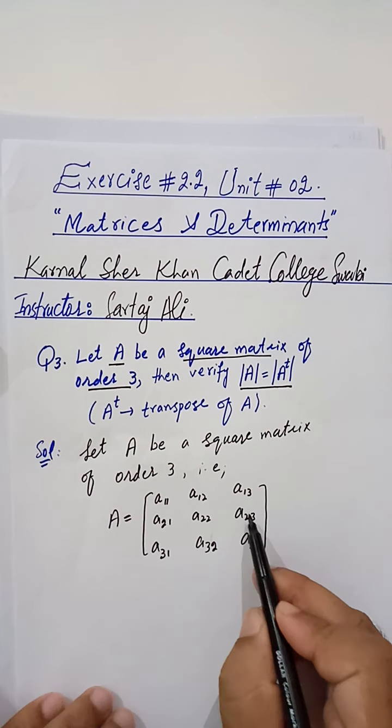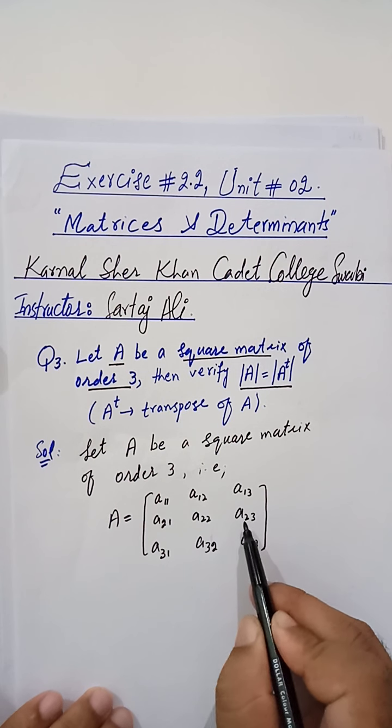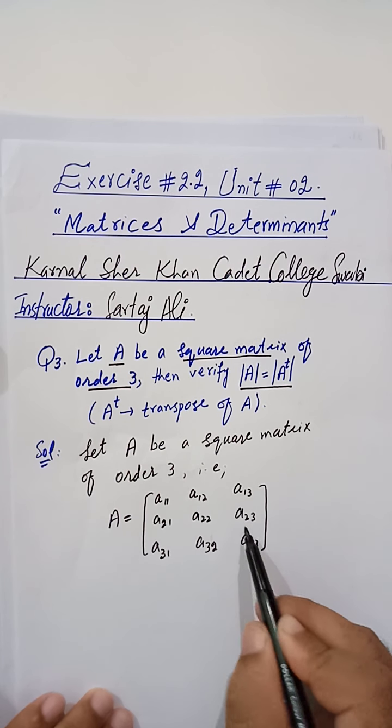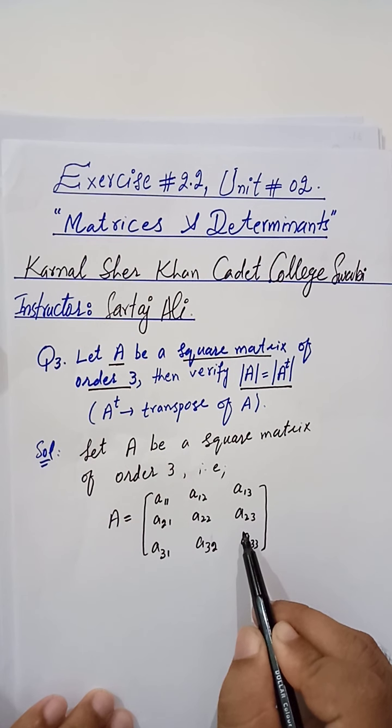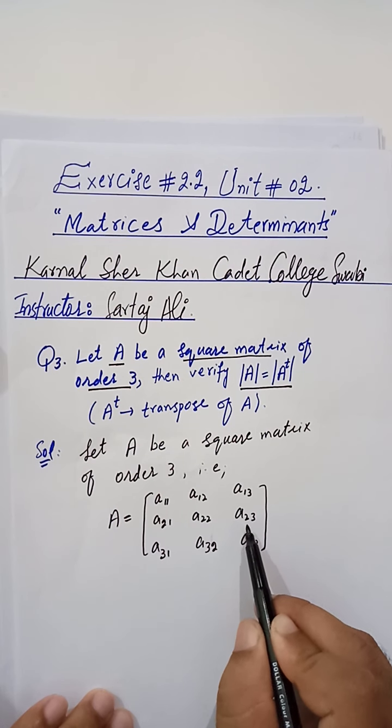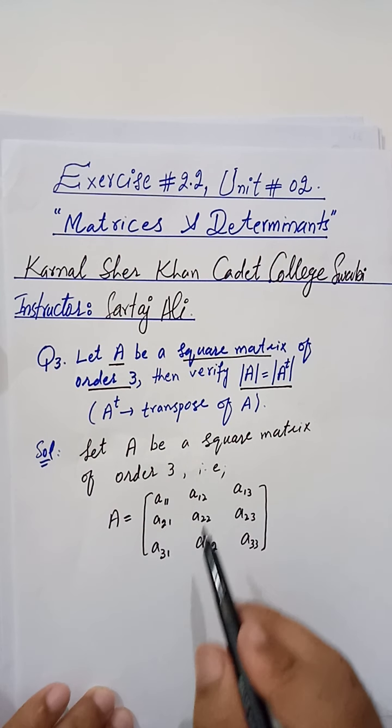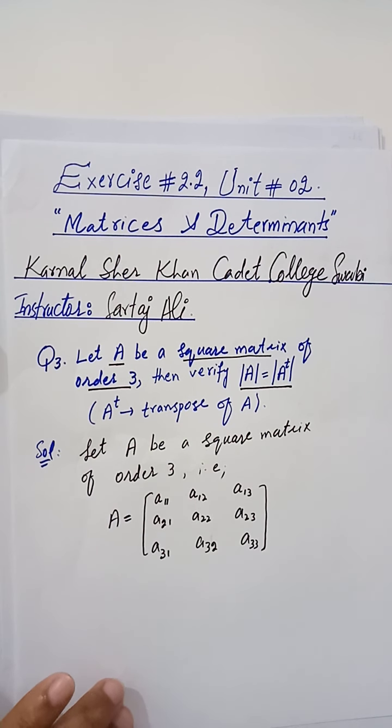For example, if I choose this element, so this is present in the second row and third column, so that's why in the subscript of small a we write 2 3, 2 for the row and 3 for the column. So this is a beautiful notation whenever you are writing the general matrix of any order. So this is of the order 3 by 3, so you must write it in this form.